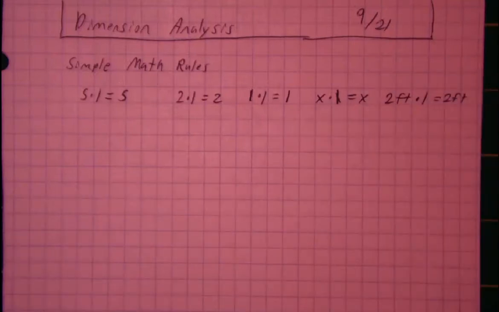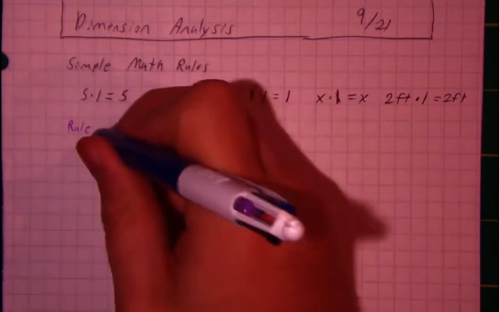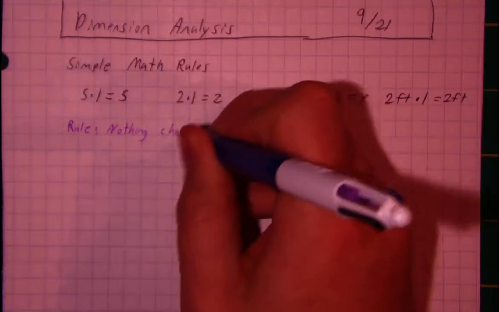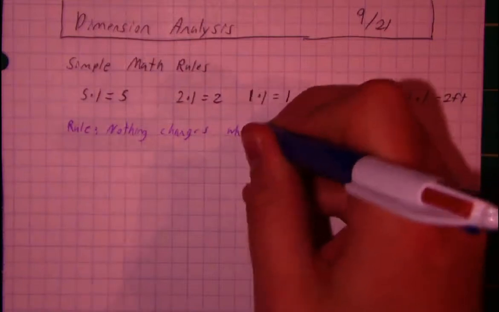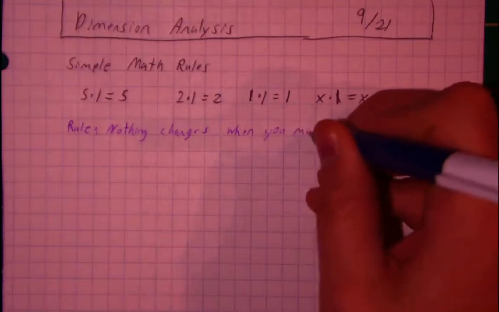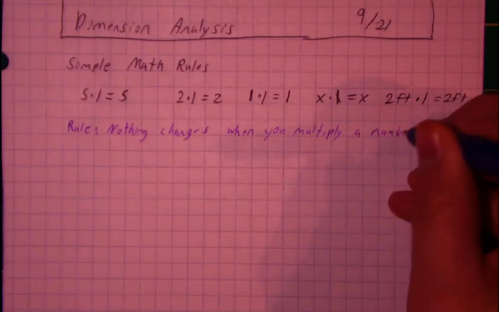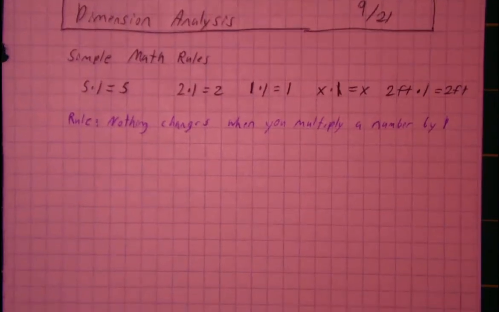So here's the first rule for ourselves: nothing changes when you multiply a number by 1. That is the first rule for today. Nothing changes when you multiply a number by 1.